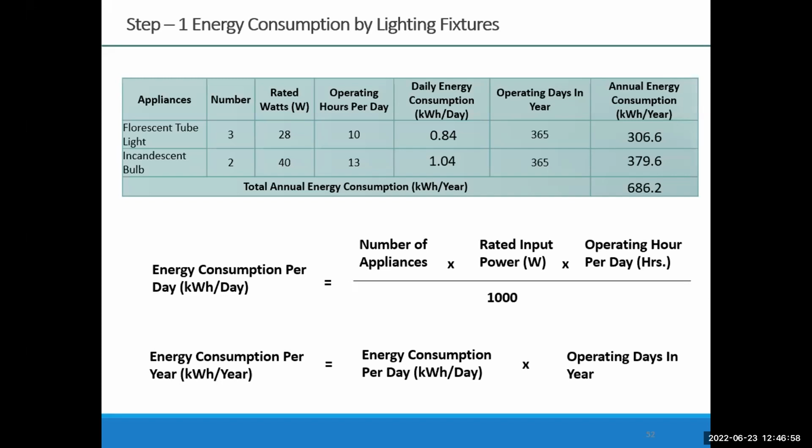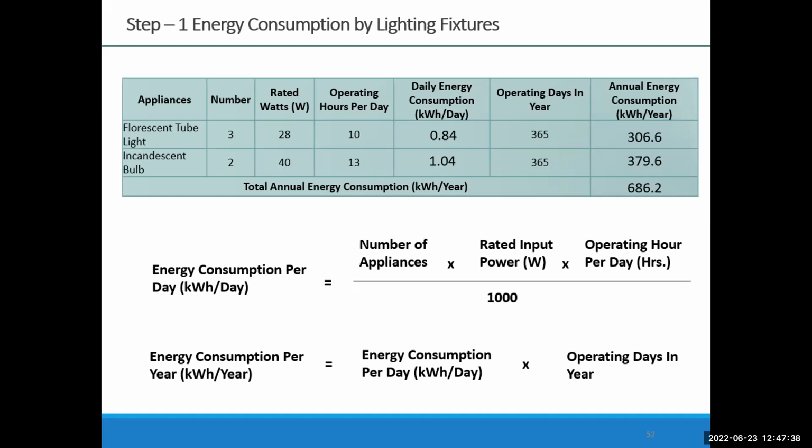So, for example, first we need to know what the present lighting systems available in a facility are. With respect to step 1, as I told you, we have to calculate the daily energy consumption of those particular appliances. Say, for example, a house has fluorescent tube lights and incandescent lamps, 3 and 2 in number respectively, with rated watts of 28 and 40 watts, operated for 10 hours and 13 hours respectively.